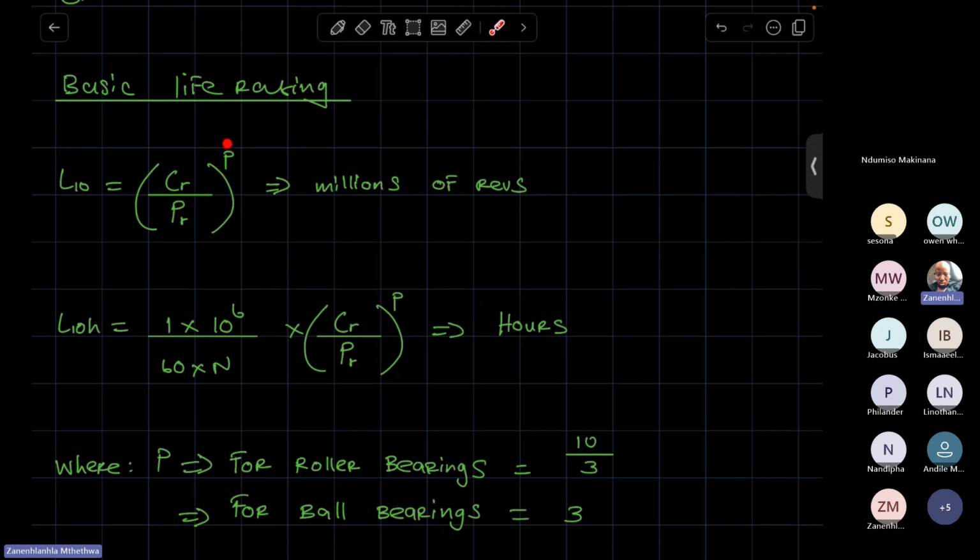And then this exponent P, the magnitude of this exponent P will depend on the kind of bearing you are looking at. So if you are looking at a roller bearing, then P will be equal to 10 over 3. And if you are looking at a ball bearing, then the exponent P will be equal to 3.